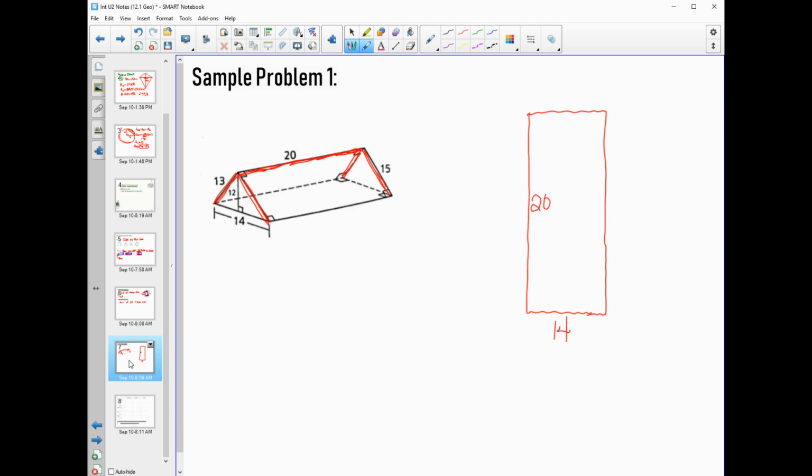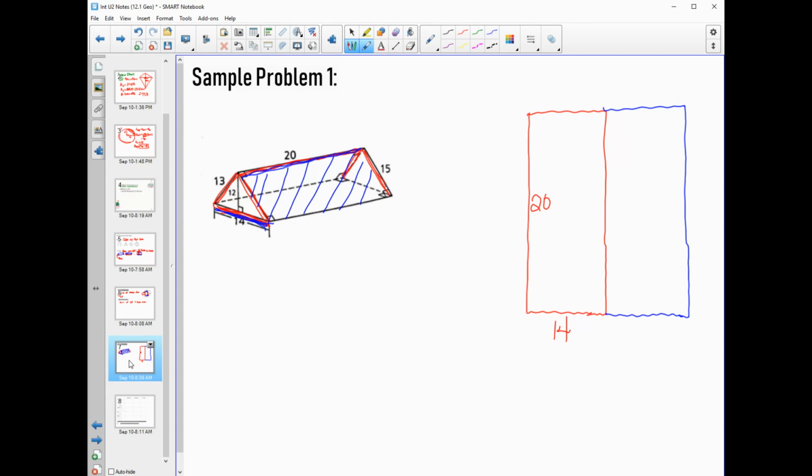So this matches up with the 14 here, and in a different color, with the 14 here, and the 20 across this way. So now attached to it, the face that's kind of facing you now over here, I'll put that one on the right side. How wide is that one?